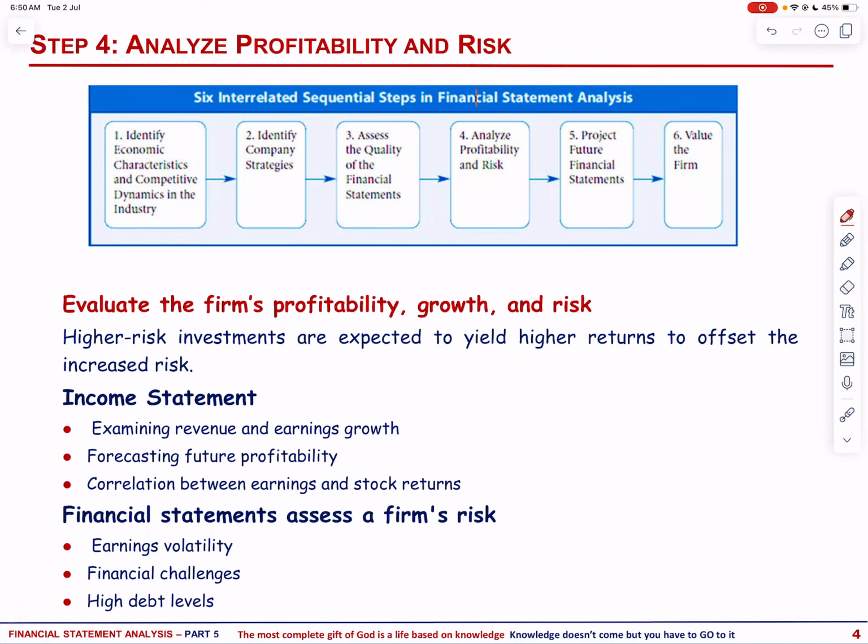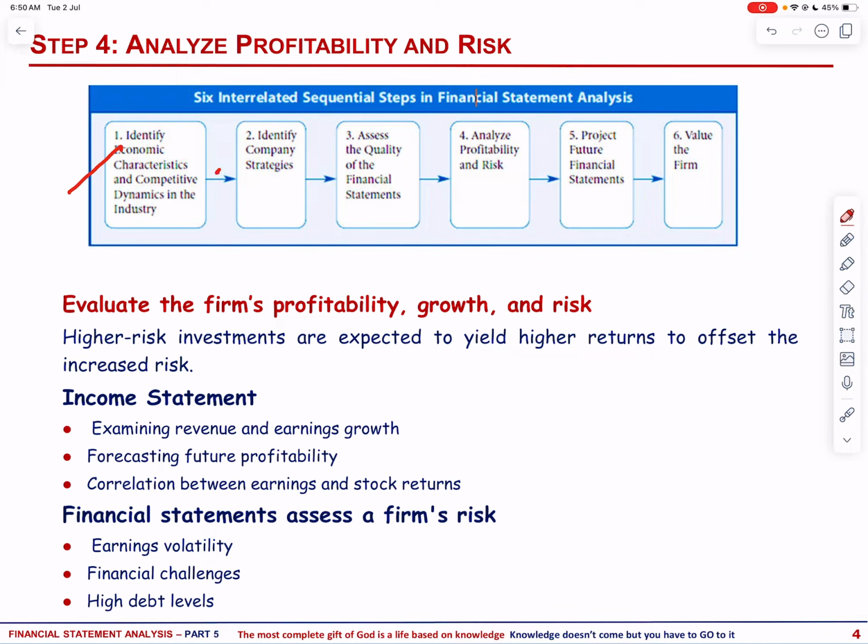We have already discussed the first three steps of the six-step analytical framework that formed the foundational elements for analyzing and valuing a firm in the previous four videos. The first step was to understand the industry's economics where the firm operates.